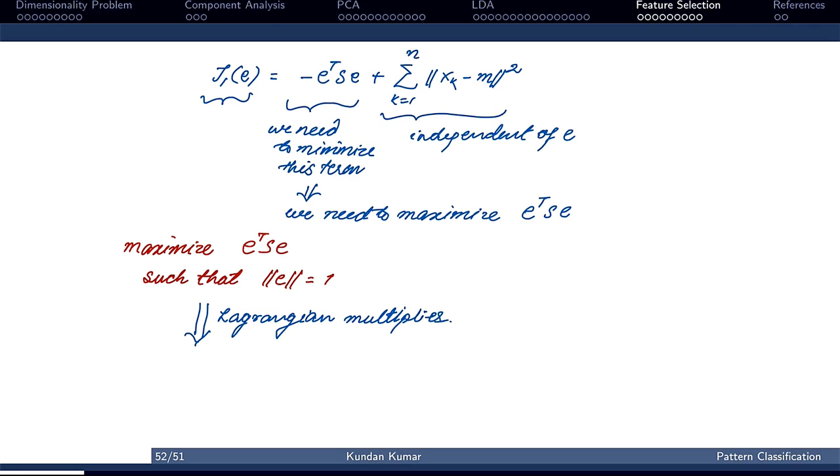This problem will be formulated as u equal to E transpose S E minus lambda (E transpose E minus 1), where lambda is the Lagrangian coefficient.